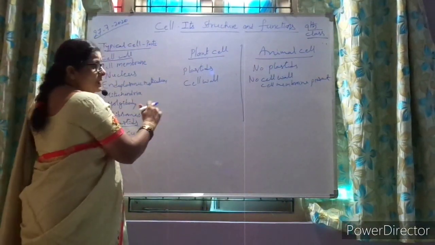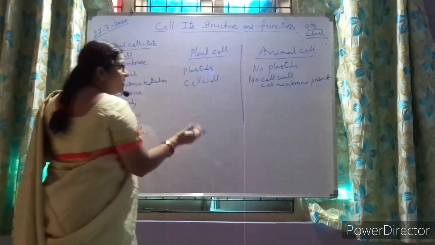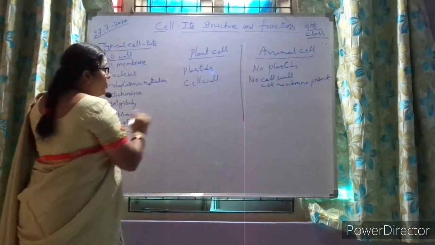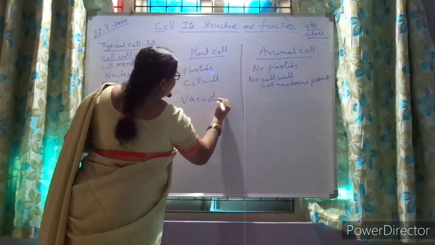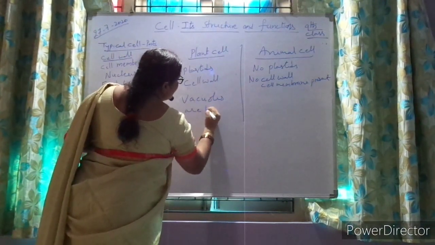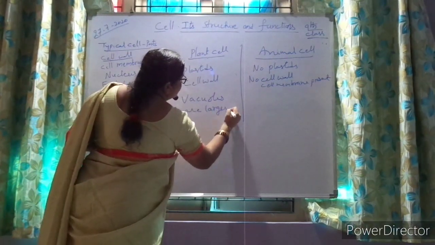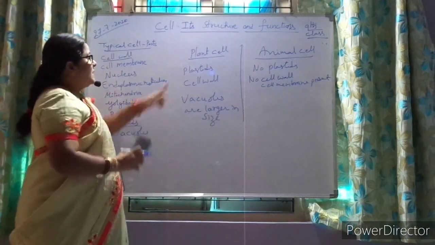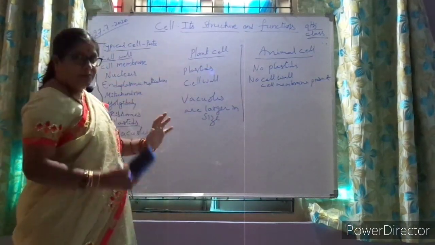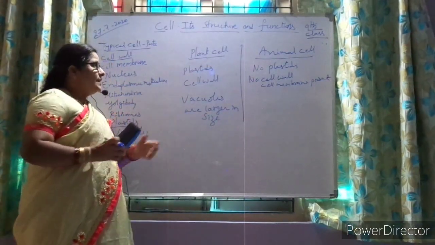Coming to the next point, vacuoles. If we observe the diagrams of the plant cell and animal cell, vacuoles are larger in size in plant cells, which means they are present in bigger size.